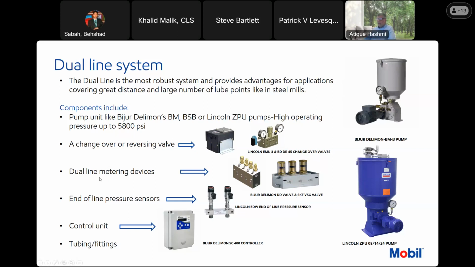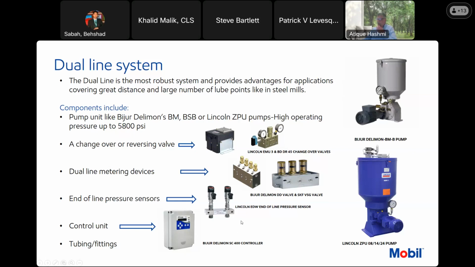Then you have dual line metering devices. These are still the same progressive lines, but they have larger output, and you can still connect smaller SV blocks like Lincoln SV blocks or similar Graco blocks, but these are the more preferable metering devices for the dual line system.